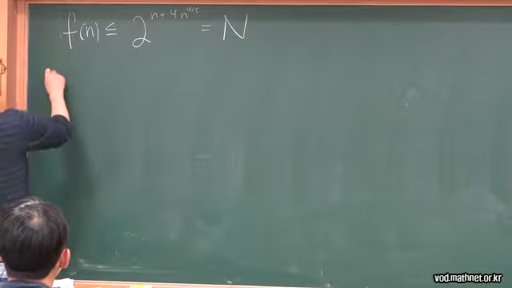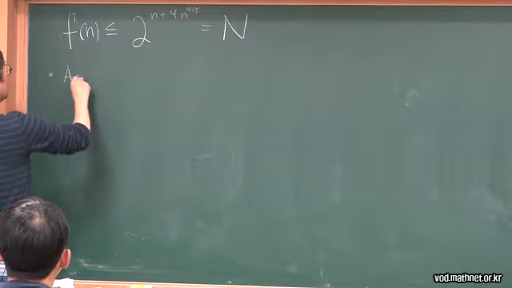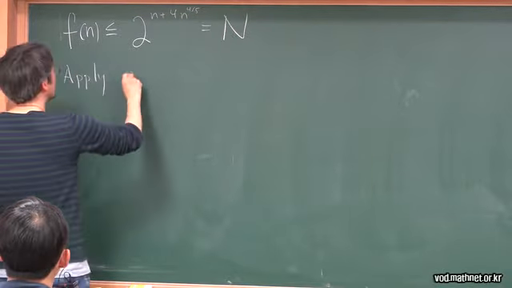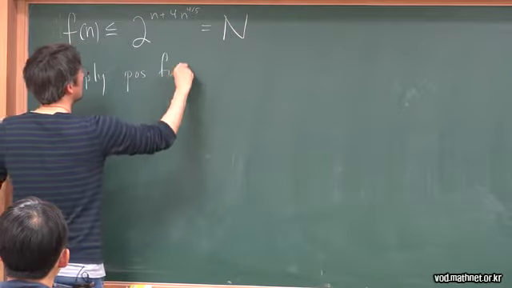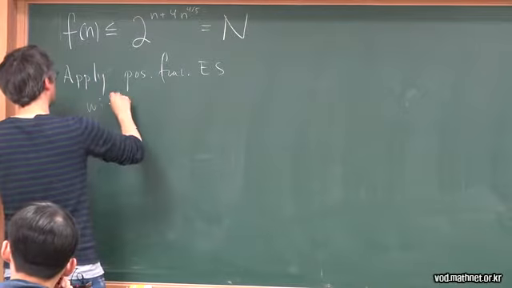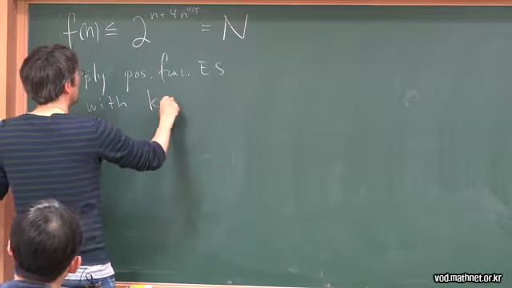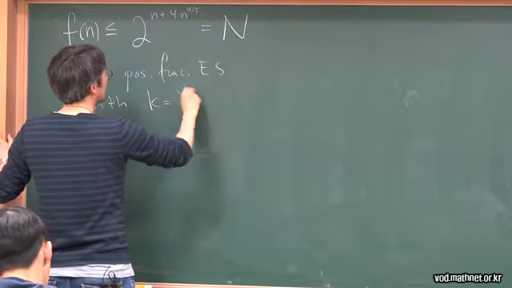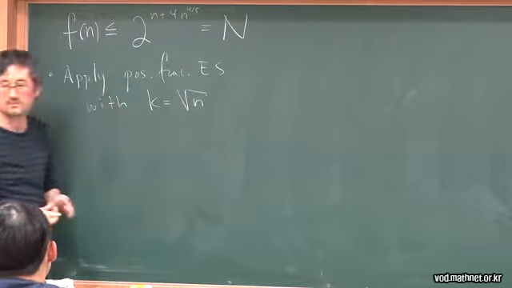So, first step, apply positive fraction Erdős-Szekeres with k equals roughly root n.